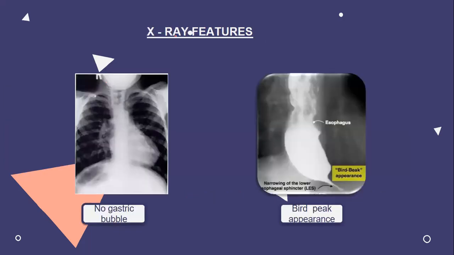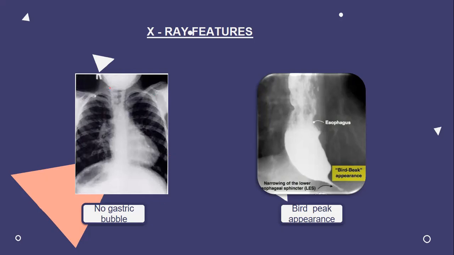So here we have some X-ray features related to achalasia. As you know, when we eat something, it's normal to swallow some air, right? And when we swallow air and food, you know that gases always go up, and liquids and solids go down, right?